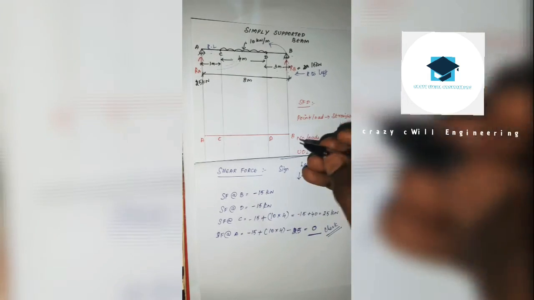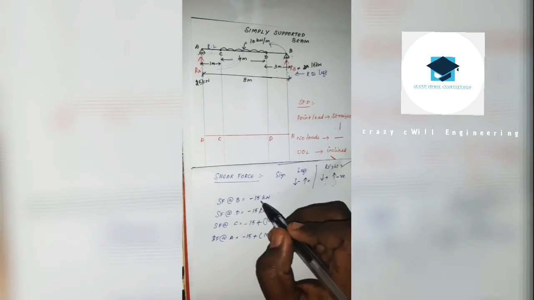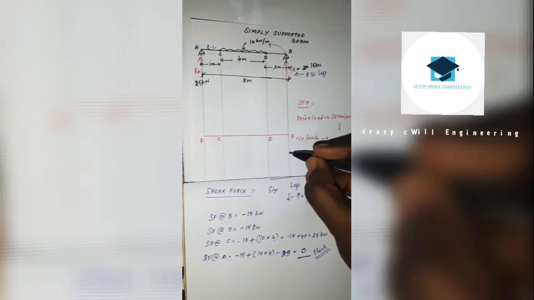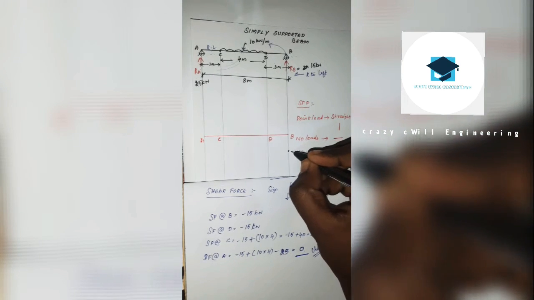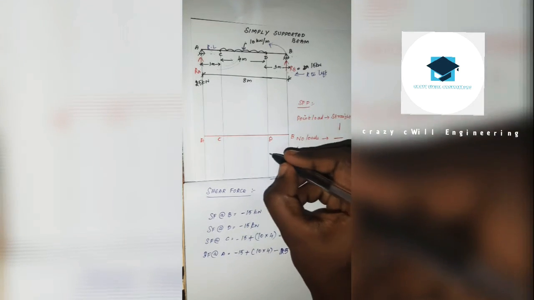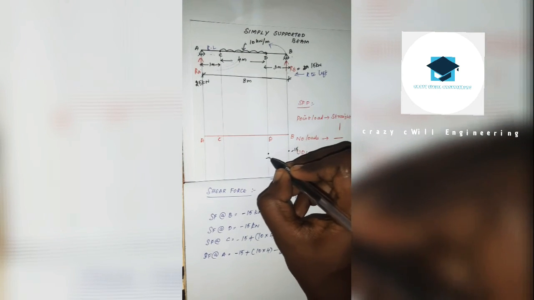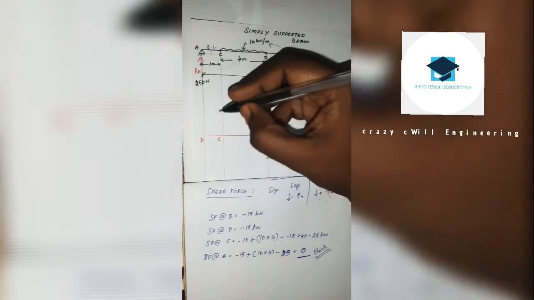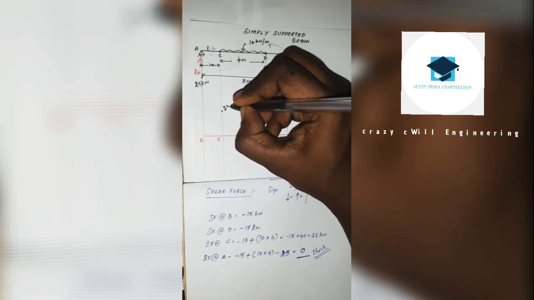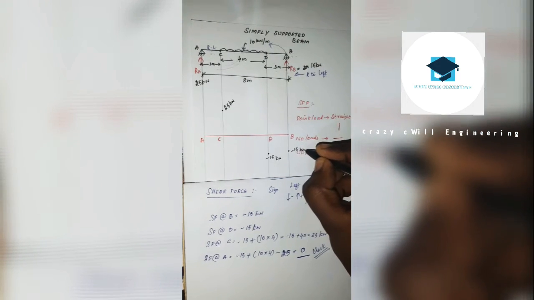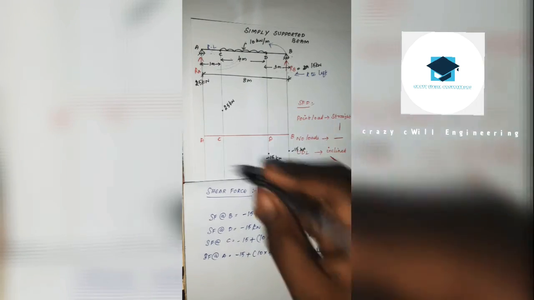Shear force at B is minus 15, so put minus 15 here. The shear force at D is also minus 15. Shear force at C is 25, upward 25 kilonewton. Shear force at A is 0.